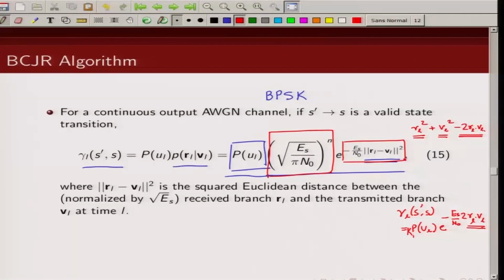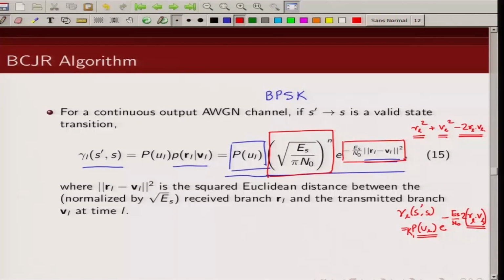So, in a nutshell then, our gamma depends on this term, right, and it depends on what the initial a priori probability of U L is. So, for an additive white Gaussian noise channel, when we are employing BPSK modulation, then we can simplify our expression for gamma. So, this can be written as e raised to power minus E S by N naught 2 times R L dot V L. Now, what is this R L dot V L?